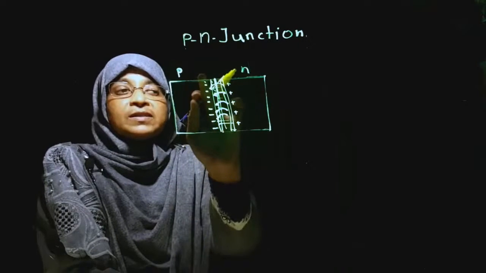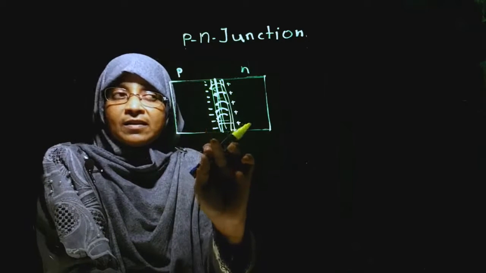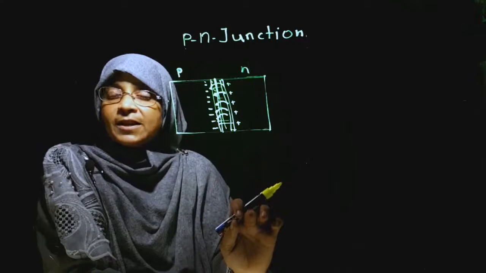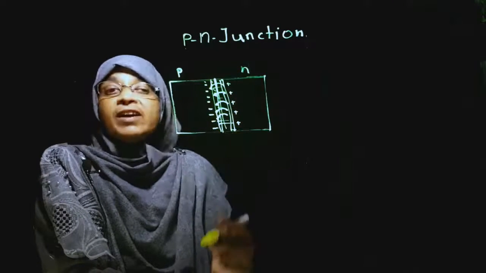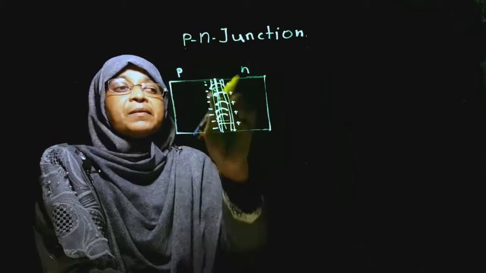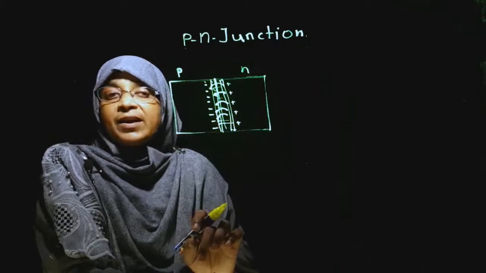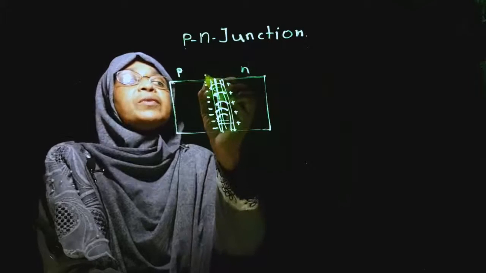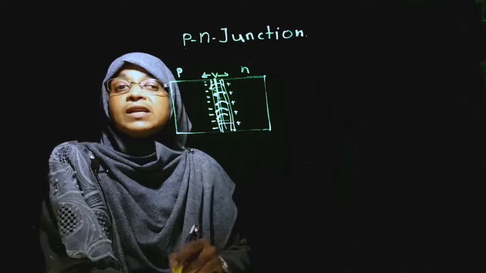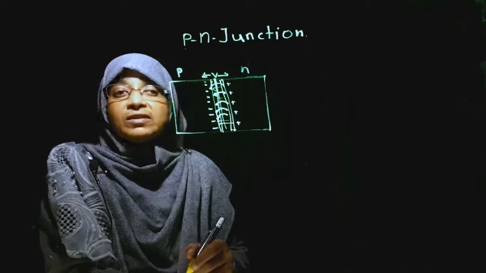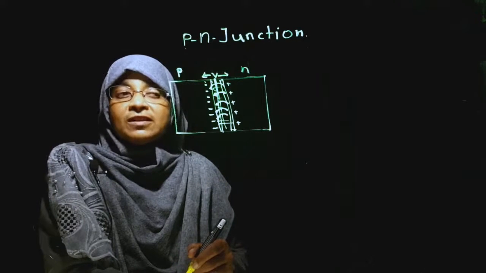Now, this negative potential and the positive potential are divided by this area. So, they form a potential difference. This potential difference is called the barrier potential.